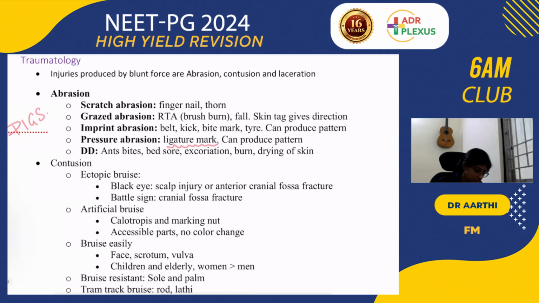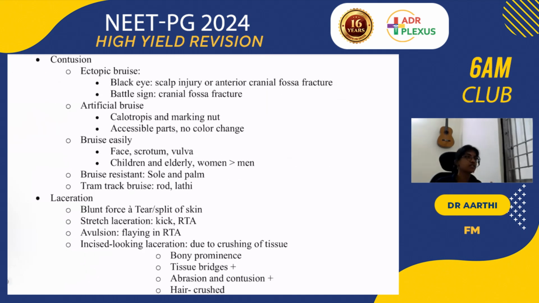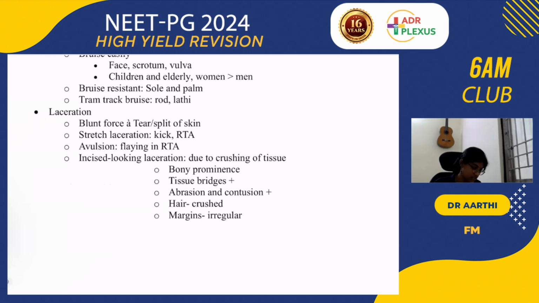In grazed abrasion, you get skin tags. Similarly, go for your contusions, black eye, battle sign, all of these. Just revise through it so that you know what it is. And last, laceration. We have seen incised looking lacerations. They are seen over bony prominences.